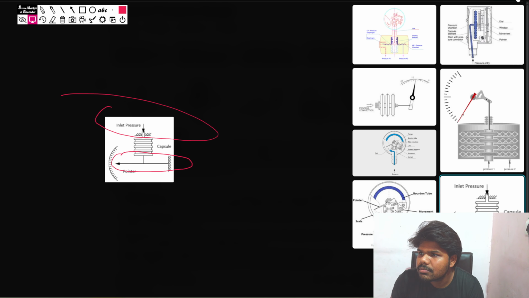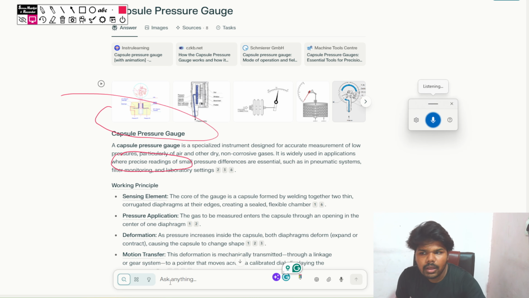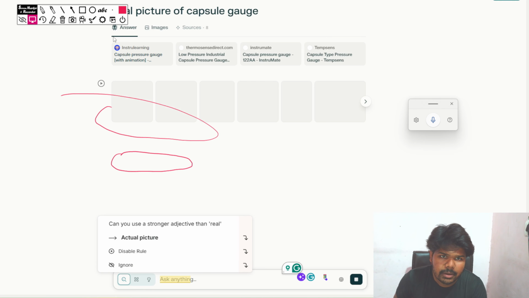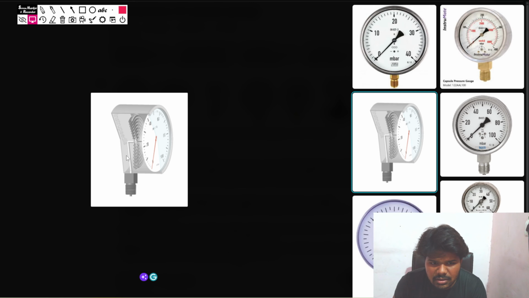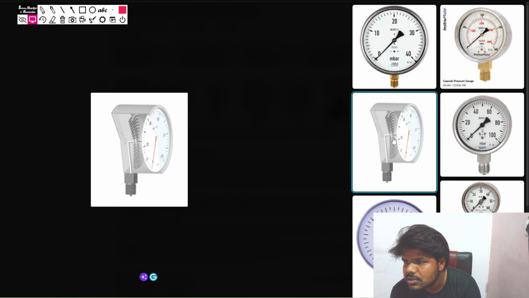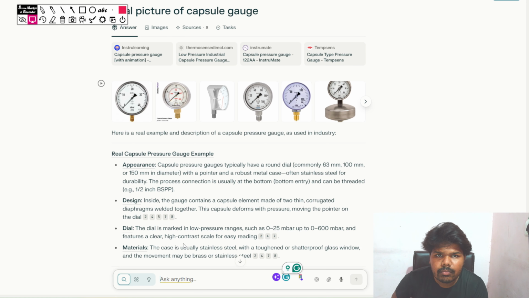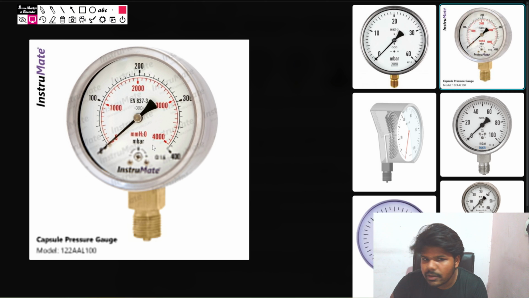Now a real picture of the capsule gauge. We have to see the real picture of the kind of gauges that are used. So this one is the capsule gauge.